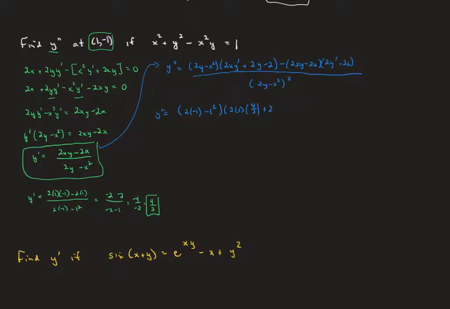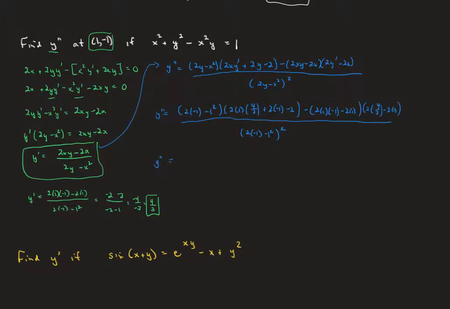Plus 2 times y, which is negative 1, and then a minus 2, and then minus, we have 2 times 1 times negative 1, minus 2 times 1. Did I get that? And then we have a 2 times, here's our 4/3 again, unfortunately, and then minus 2 times 1 all over the denominator, which is going to be 2 times negative 1 minus 1 squared squared.